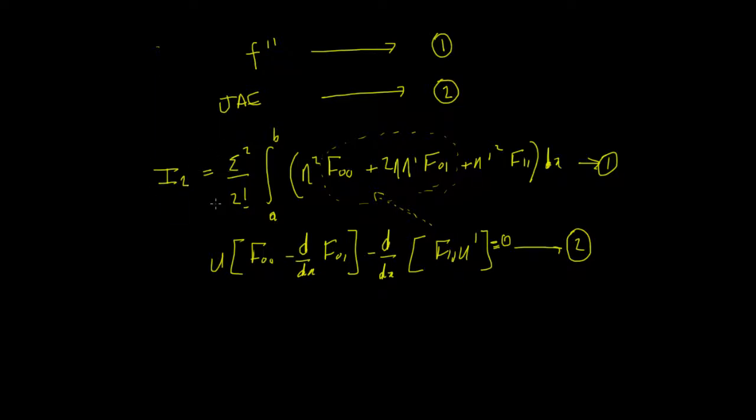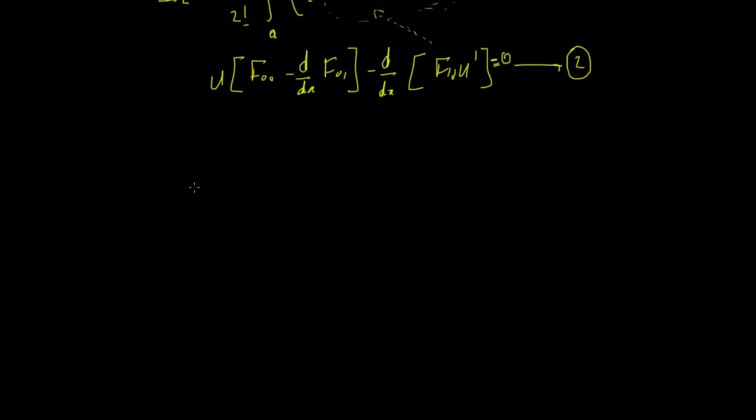Okay, now let me continue and we'll see if we can get these in the right format. Now I can write this I2 here, and we've already done some of this, but I'll quickly go through it again as a reminder. I can write that I2 as epsilon squared upon 2 factorial, the integral from a to b.